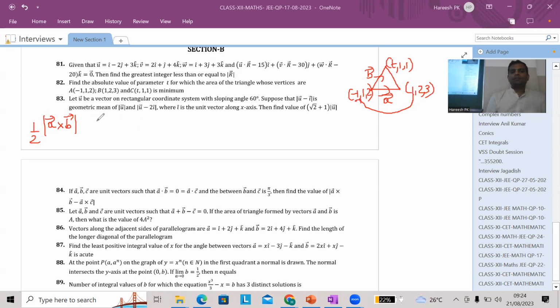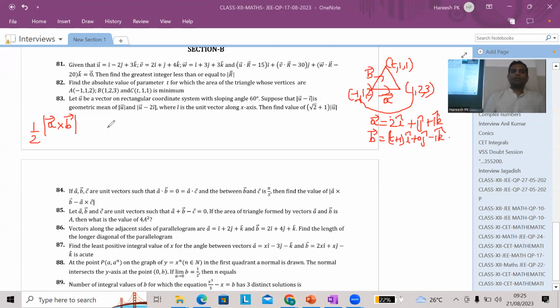So vector A will be 2i cap, then 2 minus 1, 1j cap, and 3 minus 2 is 1k cap. Isn't it? This is what we have. And then vector B is going to be (t plus 1) i cap, then 0 j cap, minus 1.